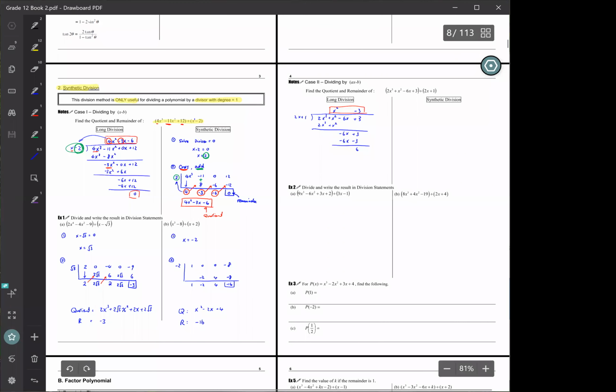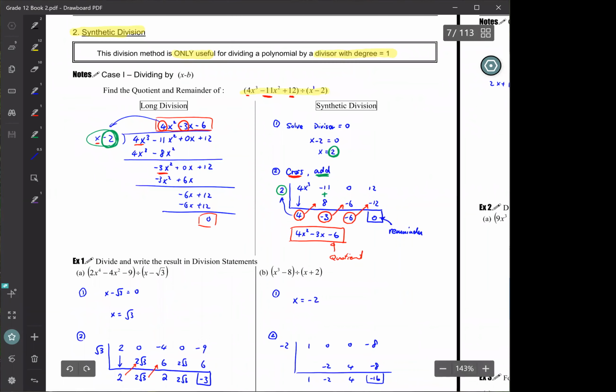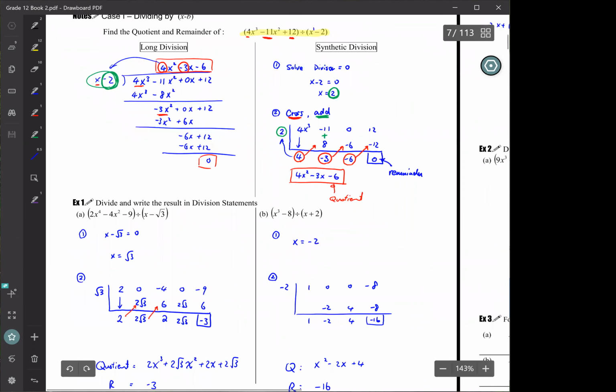So let's quickly recap what happened last time. Last time we did synthetic division, and remember, synthetic division only works if the divisor has degree 1. We did a couple of questions like that.